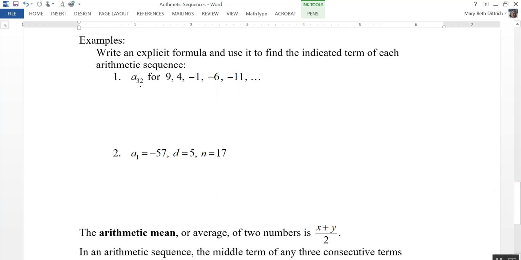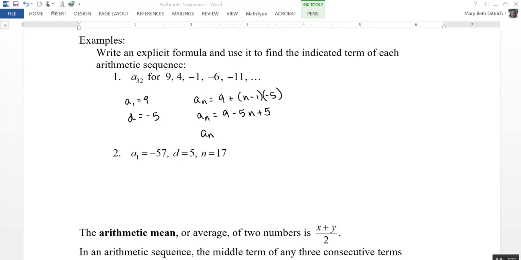So I need to find a sub 32, or the 32nd term in this sequence here, for which a sub 1 is equal to 9, d is equal to, it appears to be negative 5, so I'm subtracting 5 or adding a negative 5 each time. So let's go ahead and write the formula. A sub n equals a sub 1 plus n minus 1 times d, or a sub n is equal to negative 5n plus 14.